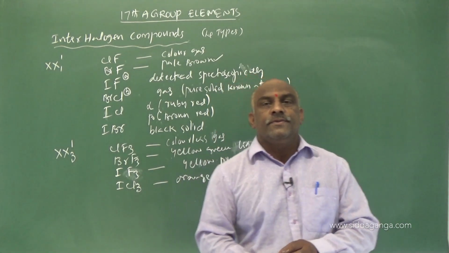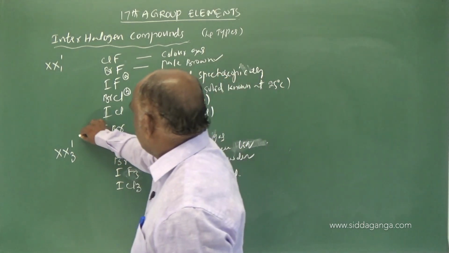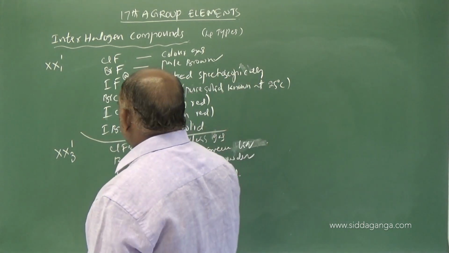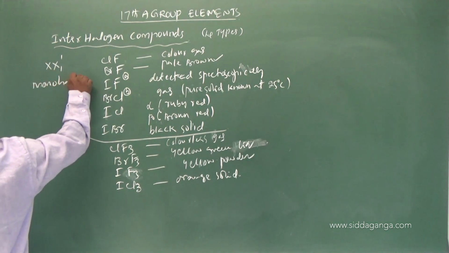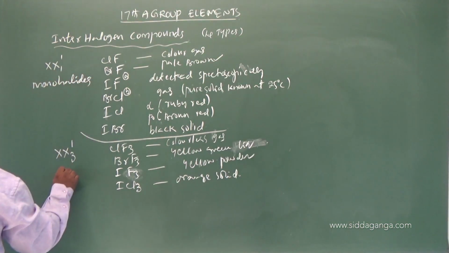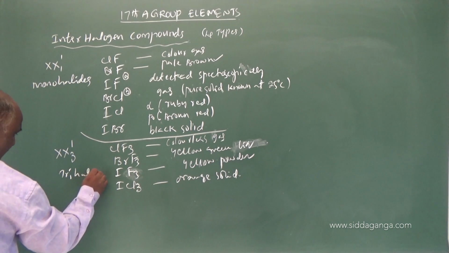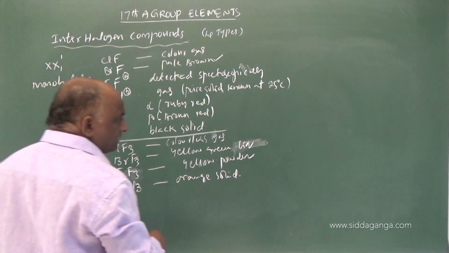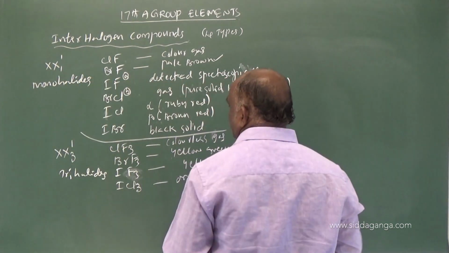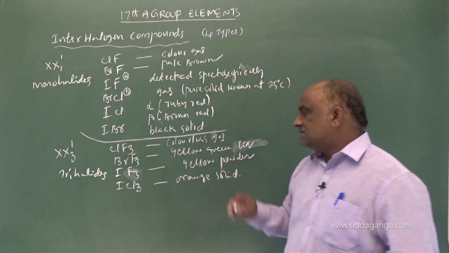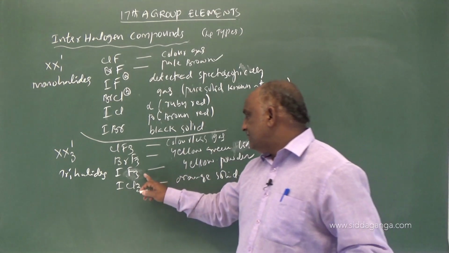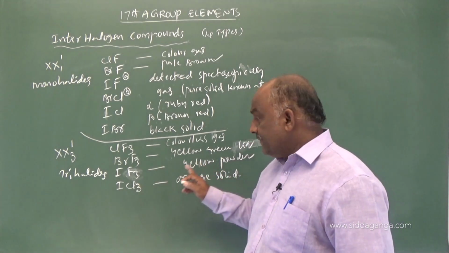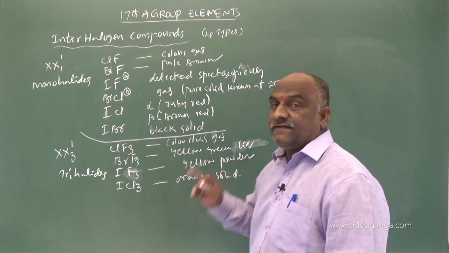So this is the second category: the monohalides and trihalides. ClF3 colorless gas, BrF3 yellow green liquid, IF3 yellow powder, and ICl3 orange solid.